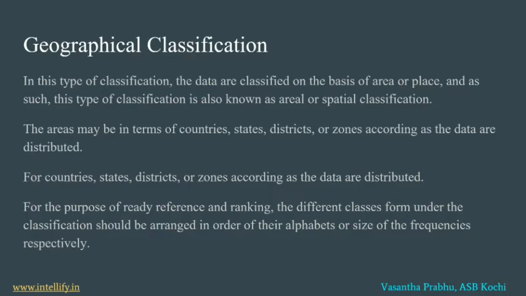Like if we have a map, we can divide different states and then different places with different rainfalls, like high rainfall level, based on the maps. The area may be in terms of countries, states, districts, zones, according as the data are distributed. As I have said, it's like dividing a country or state or a district or different zones.